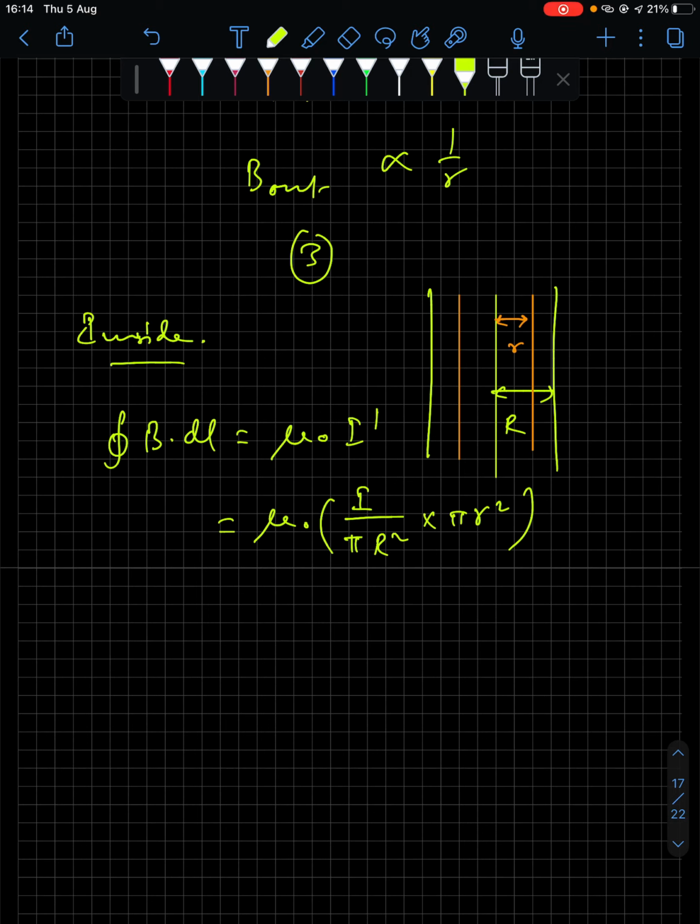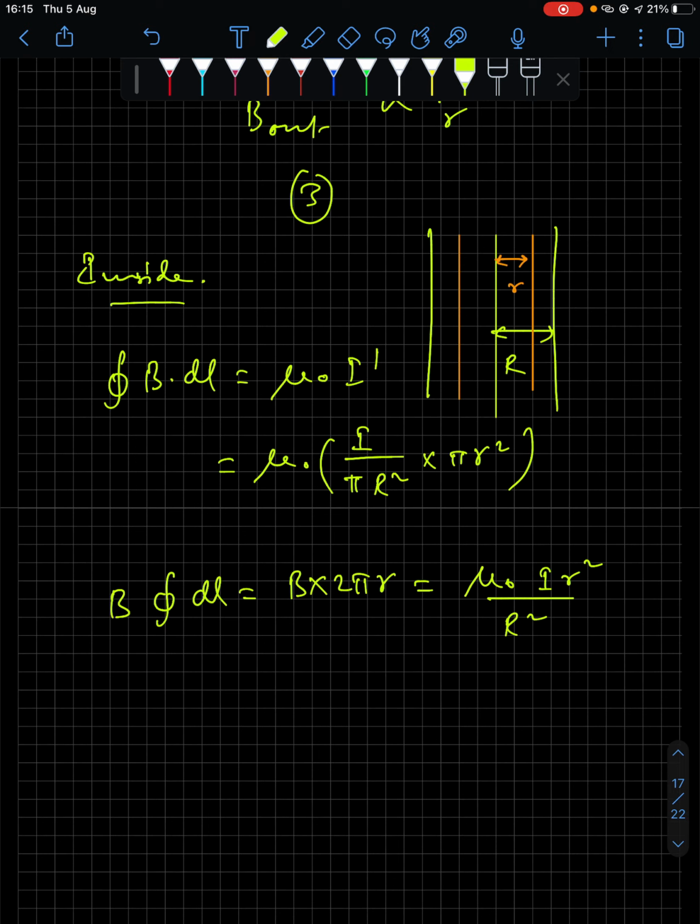Alright, so on the left side you have B integral dl, which is B into 2 pi r. 2 pi r is the circumference of this wire, equal to mu naught I prime, or just write it as mu naught I r square divided by capital R square.